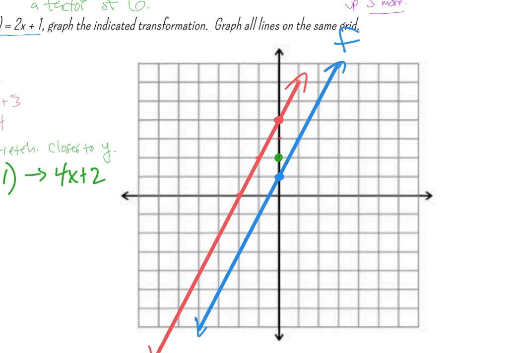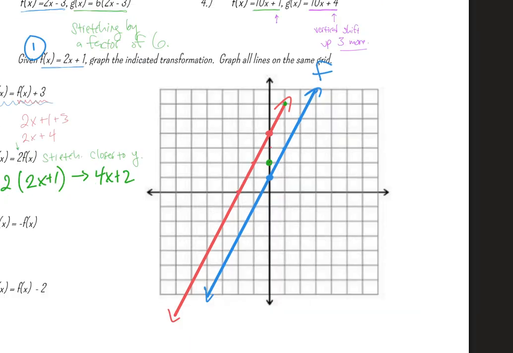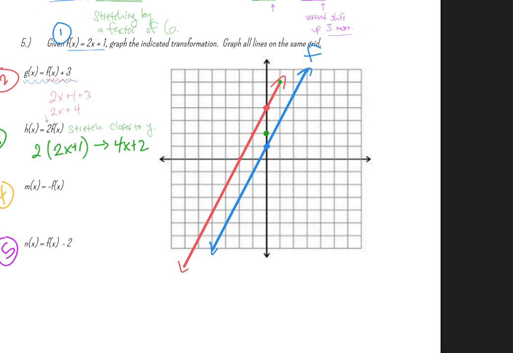Our slope is now 4. So up 1, 2, 3, 4 over 1. I'm also going to go down 4, 1, 2, 3, 4 over 1. We'll do it one more time, so that I can make it as pretty as I possibly can, like that, and one more time to go off the edge of the graph.